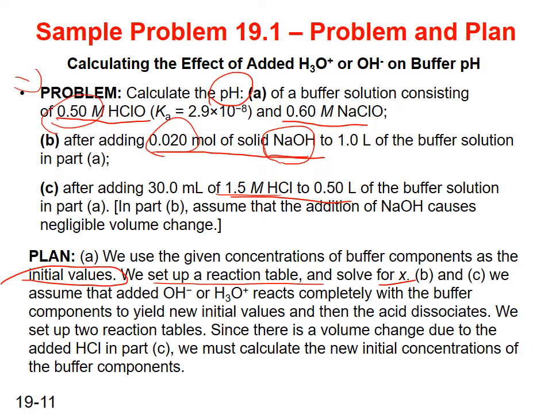The base will react, so we assume all the sodium hydroxide reacts with the acid, which is consumed. In C we assume all hydrogen chloride is reacted by the base in the solution. And then after reaction we calculate the new initial concentrations, set up the table, and calculate the hydronium concentration in the solution.